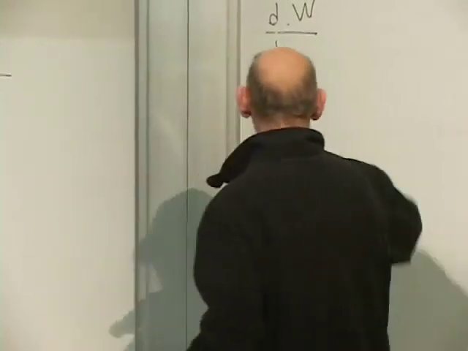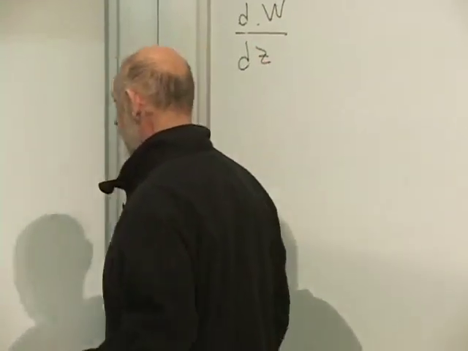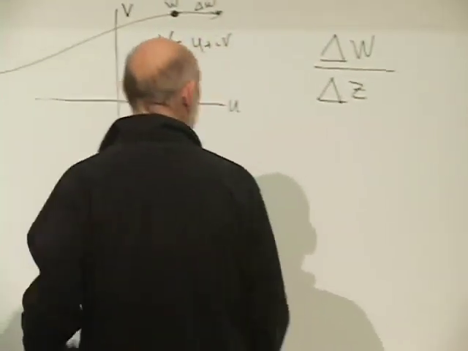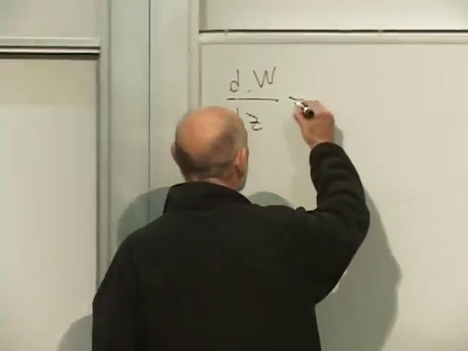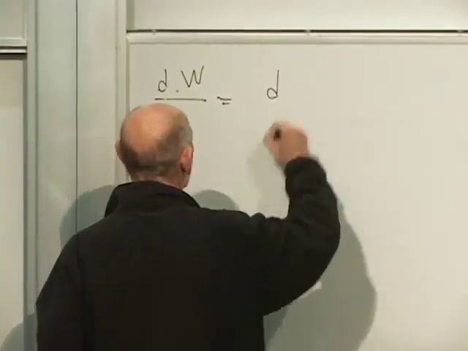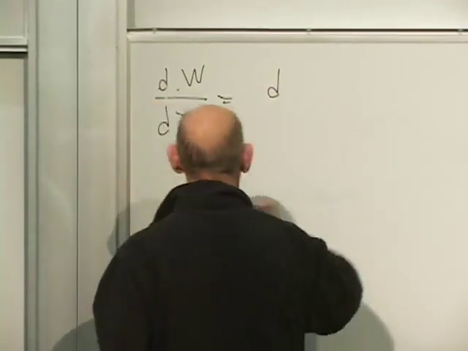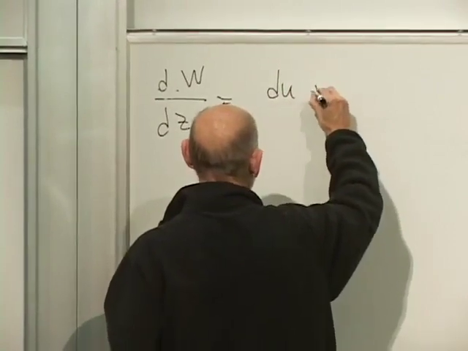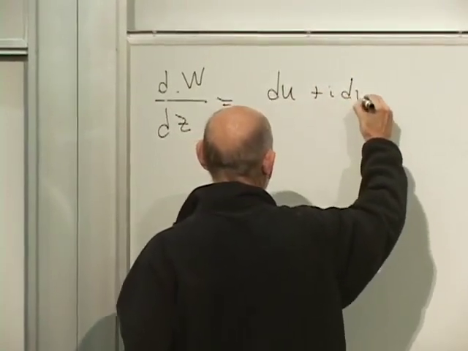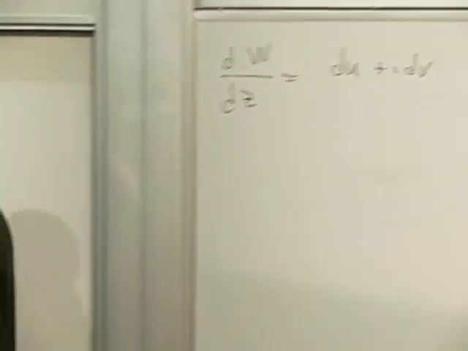Okay, so the change in w divided by the change of z. And what, of course, is that? That's equal to the small change in u plus i times the small change in v as you go from here to here.